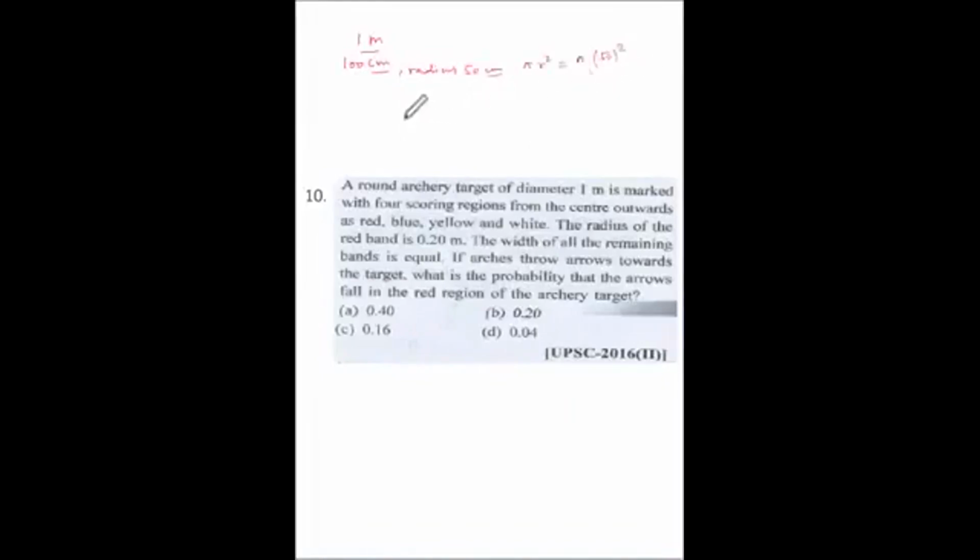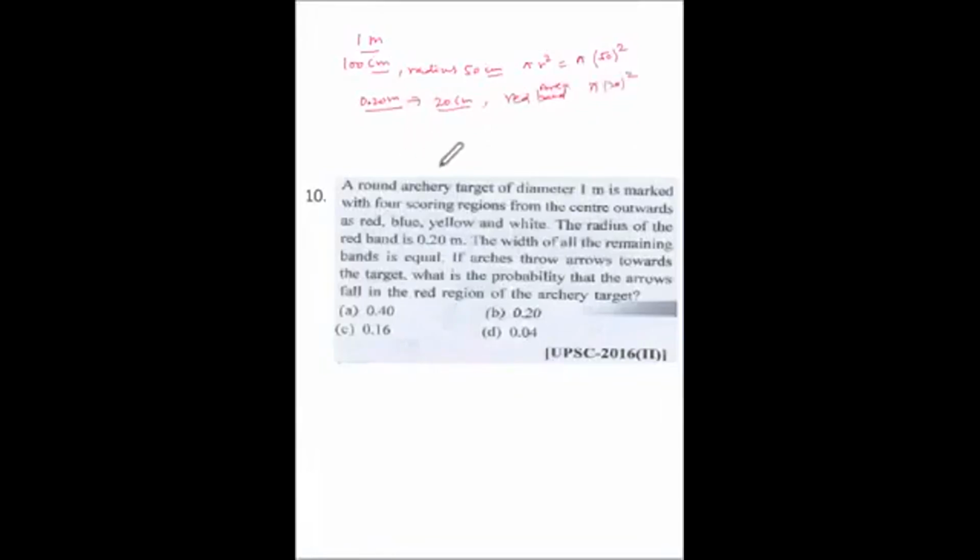And for red band the area is, their radius is given 0.20 meter. So when we convert it into centimeter, it becomes 20 centimeter because it is 0.20. And area for red band, area for this is pi 20 square. So we have to find out probability that the arrows fall in the red region of the archery target.